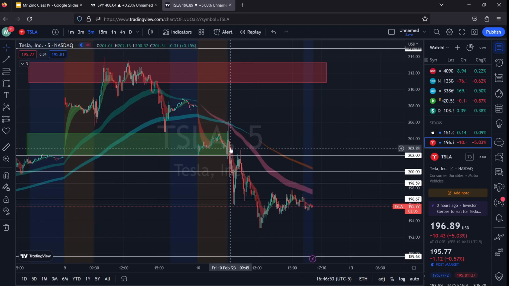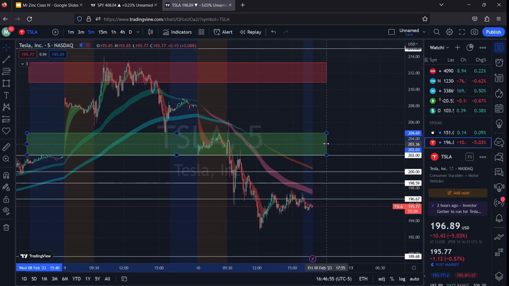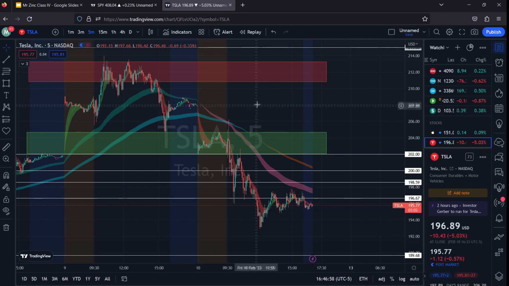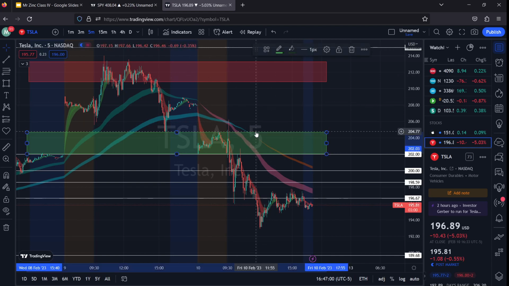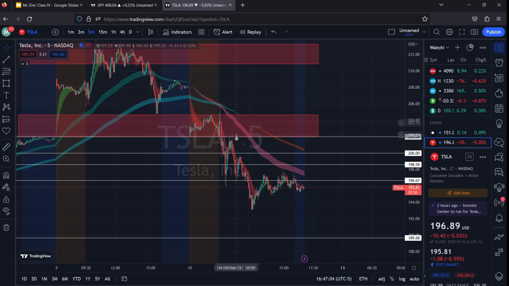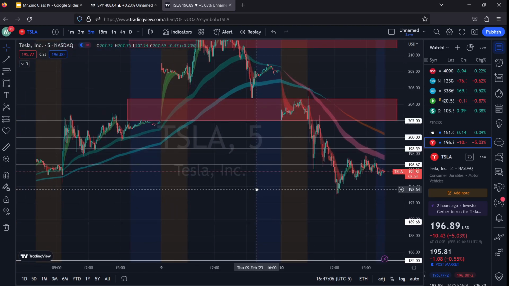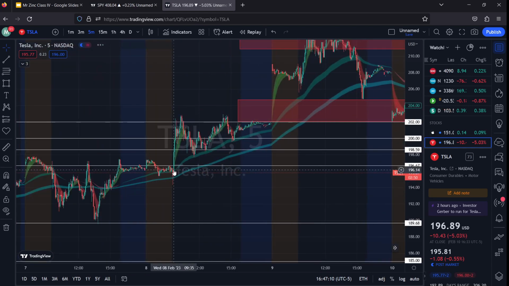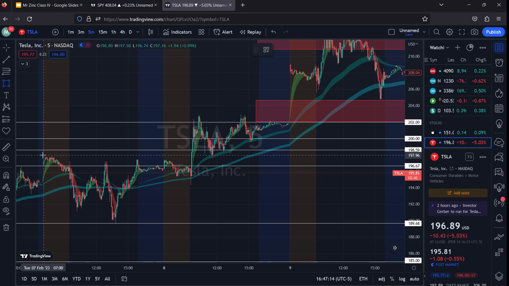And then, as I said, when you have these demand or supply zones broken, this demand zone turns into the next supply zone, so where sell orders will be present. And then you're looking for your next demand. So we can go all the way back to Tuesday here and see there's quite a bit of consolidation right there. 197.96 to 195.30.